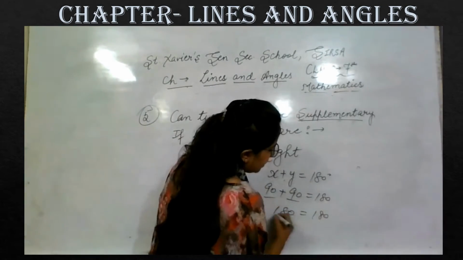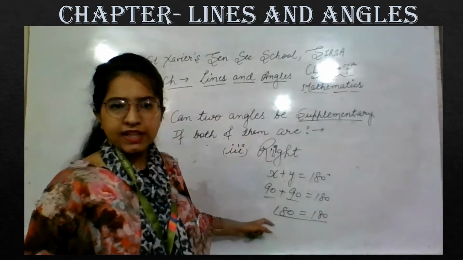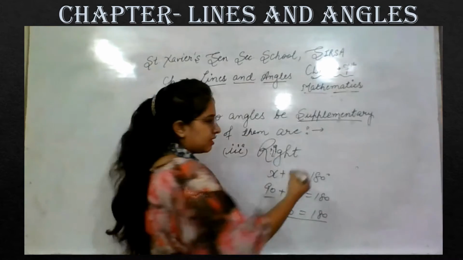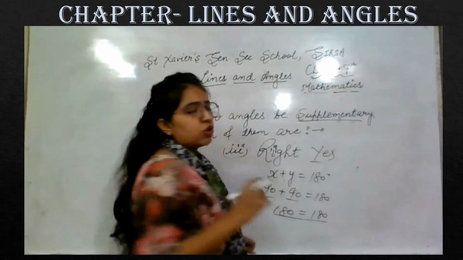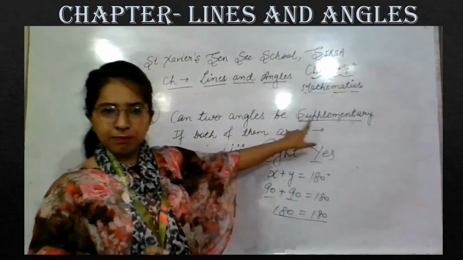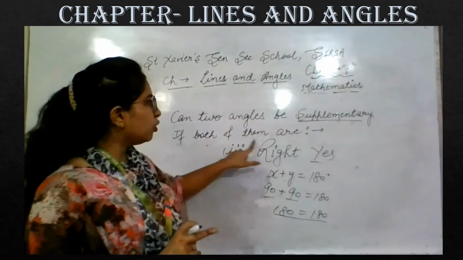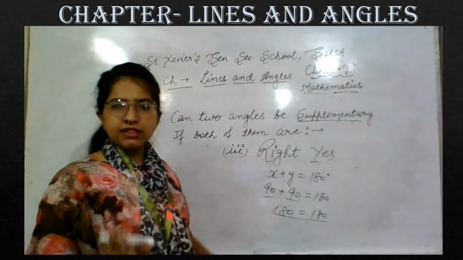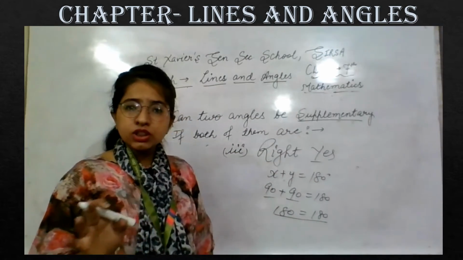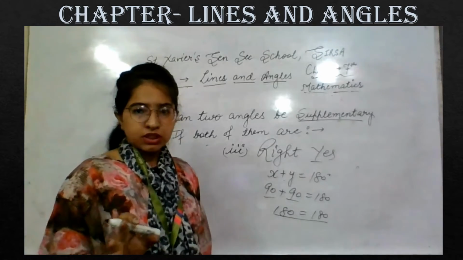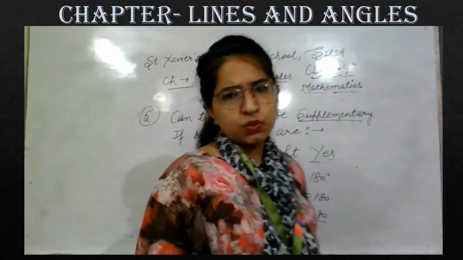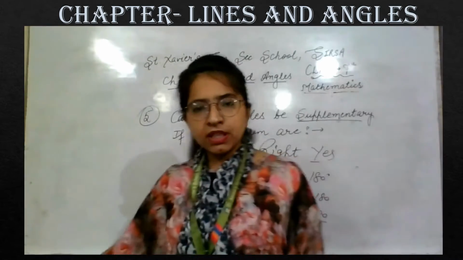Yes, this is equal to this, right? So this situation is possible. Both angles can be right angles. So you have to write that if two angles are supplementary, then both of them are right angles only, not acute angles, and also it cannot be obtuse. It can only be right angle. That's it. This was question number 5. Too simple.